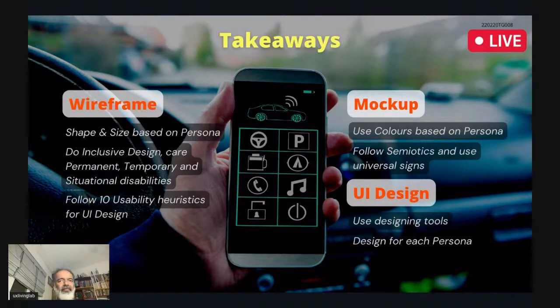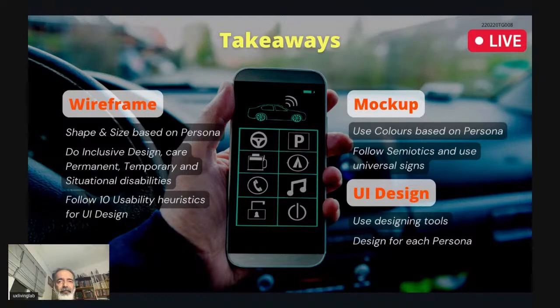You will learn about these situations of a user, especially since for 78% of the day a user is having situational disabilities. The only way to learn is to interact with users. Otherwise, listen to users. Otherwise, there's no option to learn this. Then follow the usability heuristics. These are the important methods you have to follow during wireframing.